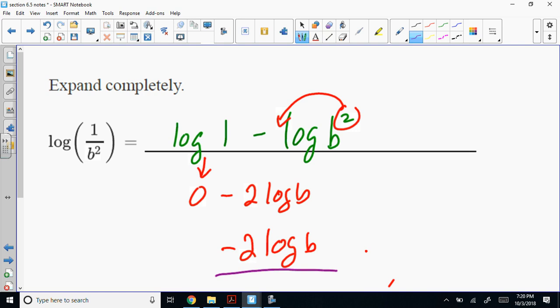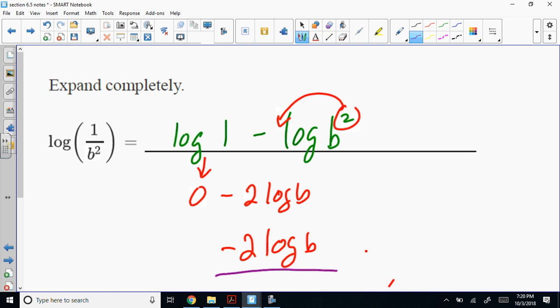0 is nothing, right? Okay. Any questions? There'll probably be two properties.